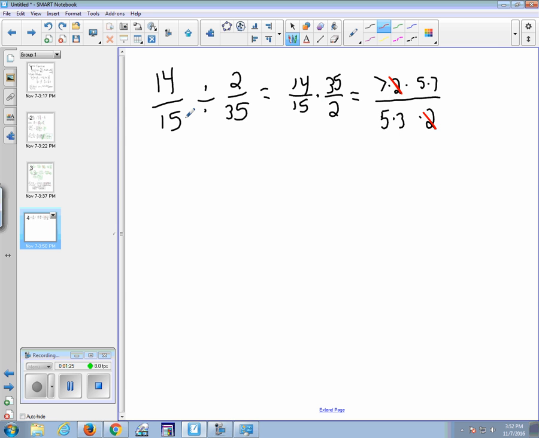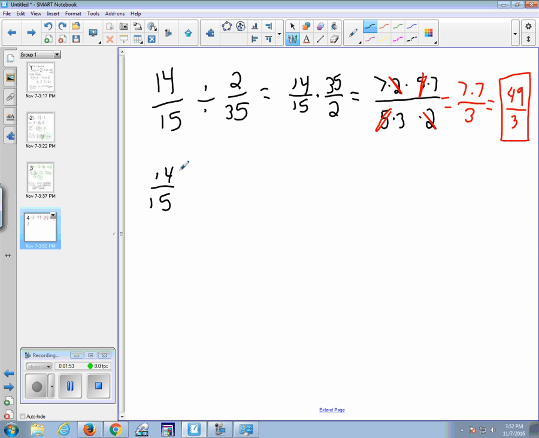And when we were multiplying, 15 just stayed 15. It didn't cancel with anything. Now 15 and 35 have that 5 in common, so it can cancel out. So I have 7 and 7 over 3. And of course, that's not our final answer. 49 over 3 is our final answer.